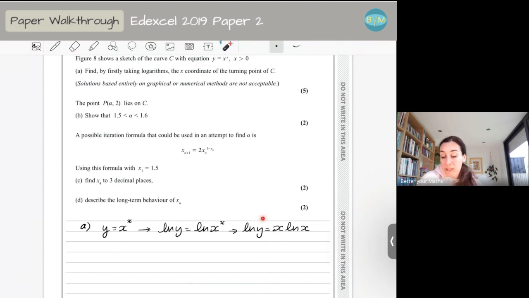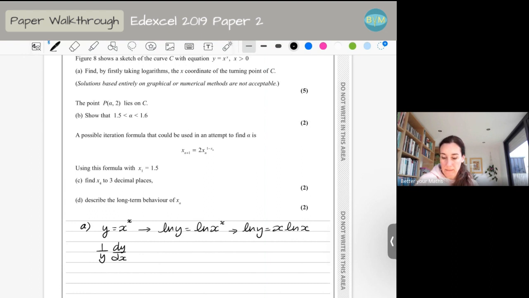If I have an expression like this one, where I cannot separate the y and the x easily, remember, you're going to use implicit differentiation, because it's super powerful for questions where the x and the y are quite mixed. So if I differentiate implicitly, the derivative of ln y is 1 over y, and I have to multiply by dy by dx every time I differentiate the y.